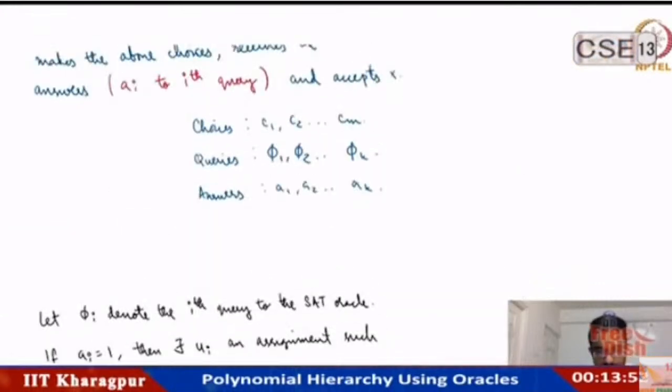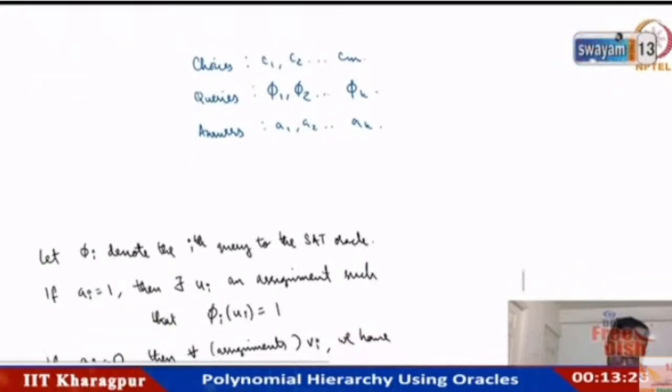If X is in L, there is a sequence of choices C1 to Cm which makes some k queries and, corresponding to the queries, you get the correct answers. The queries are fixed by the choices, and the answers are decided by the queries. The oracle doesn't lie, so it just gives the correct answer.